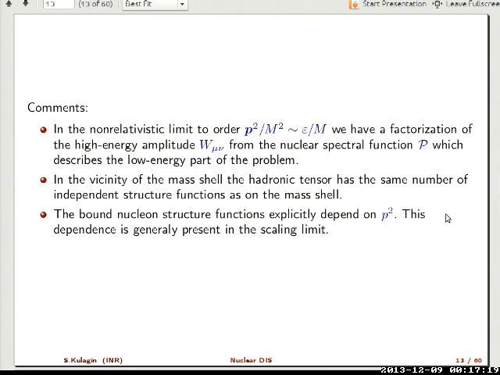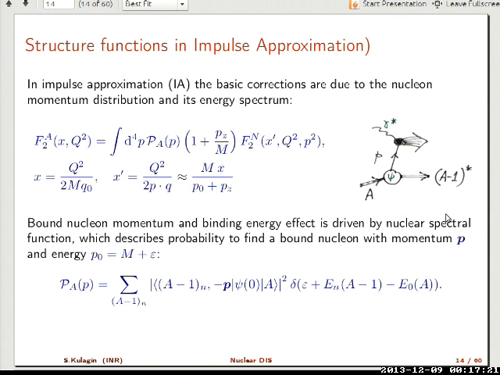This introduction serves just to justify this simple formula. We get this eventually if we stay in the limit of high q squared and drop some finite 1 over q squared corrections in this expression.